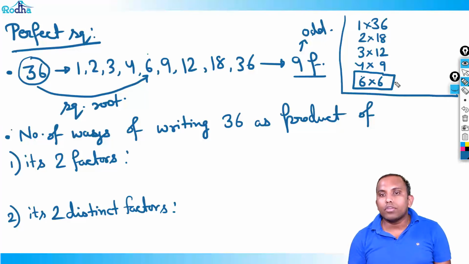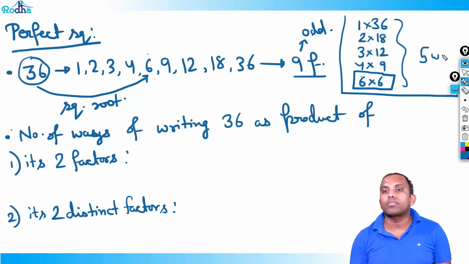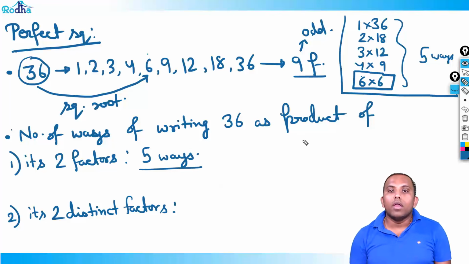If in question number 1 the question is simply as a product of its two factors, there will be a total of 5 ways. But if the question is product of its two distinct factors, then what is the answer?